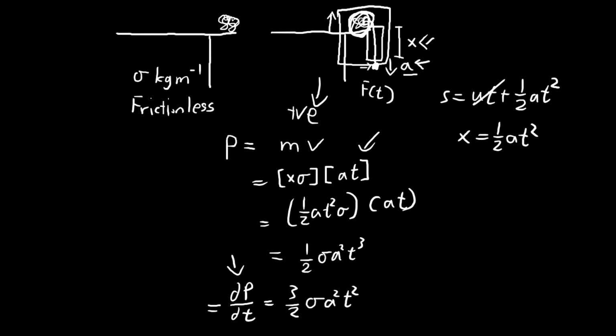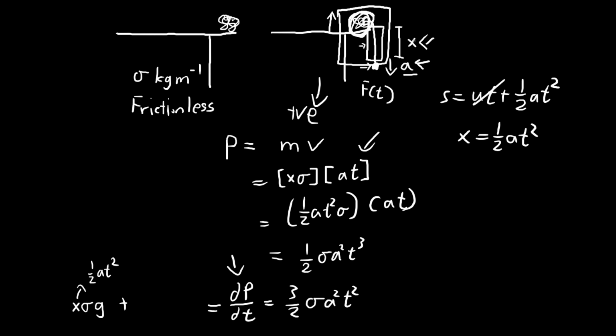So those two forces cancel out, but we still have gravity acting upon the moving part of the chain, and nothing is going to cancel that out. So we're going to have to consider the gravity acting on that part. What is the gravity acting upon the moving part of the chain? Well, obviously it's just the mass, x sigma, times gravity, g. And don't forget x is equal to 1/2 at squared.